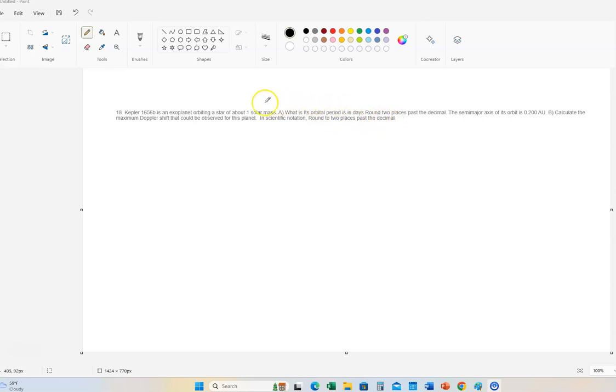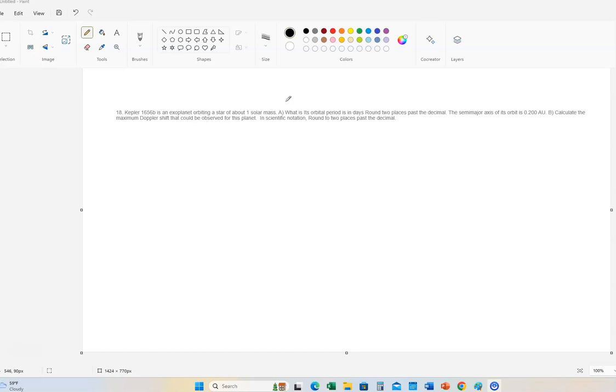All right, so if we look at this, the key thing to recognize is this part right here, that it's a one solar mass star. So you have a planet orbiting a star that is the same mass as the sun, that's what one solar mass means, of course.